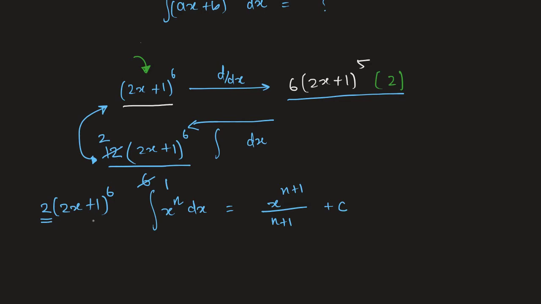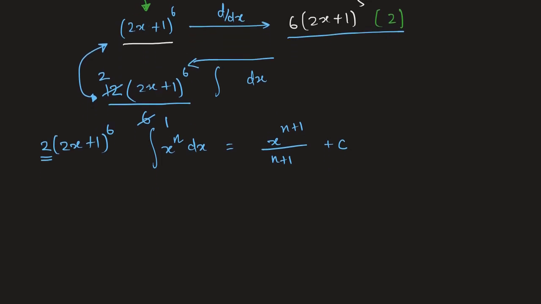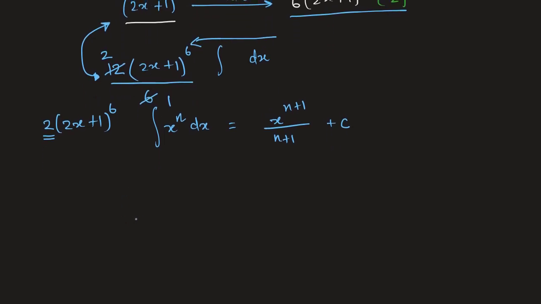Why are we getting this extra 2? We should get the original function when we integrate, because when we differentiated this function, this is what we got. Now the same idea applies: what was the first step we did with (2x + 1) to the power 6?